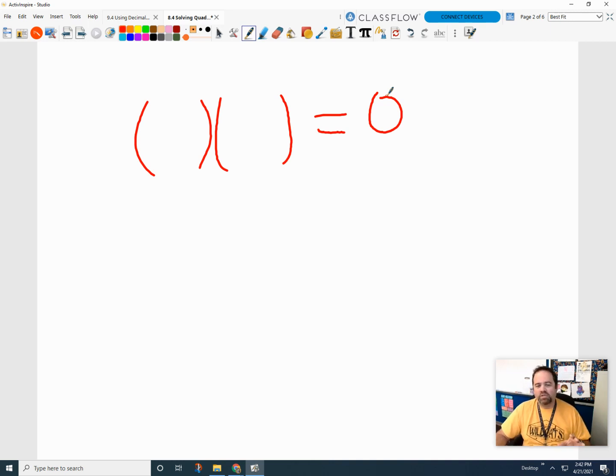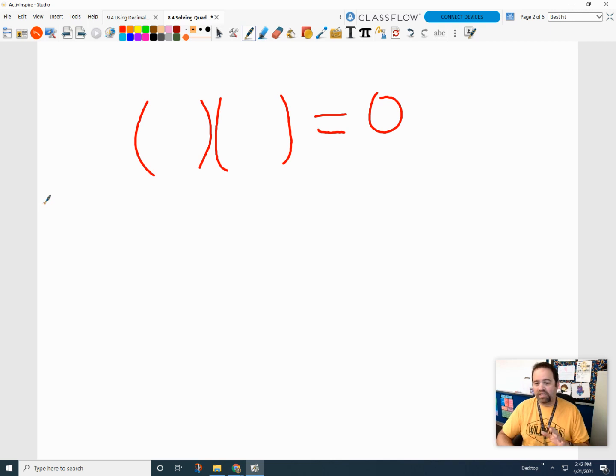Pick any two numbers so that when you multiply them together, you get 0. I know from third grade on that one of those numbers has to be 0. That's probably the first multiplication rule you learned. Anything times 0 equals 0. We're going to exploit that fact to solve some of these quadratic equations.